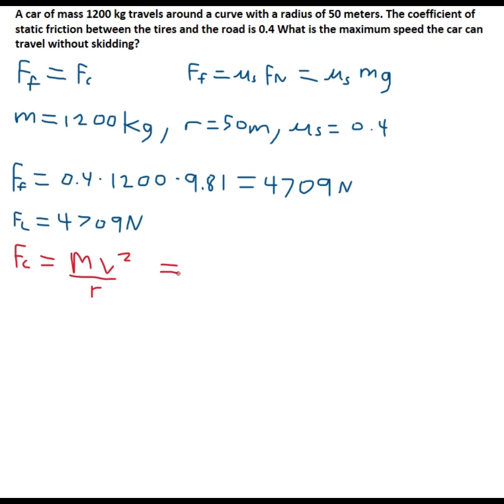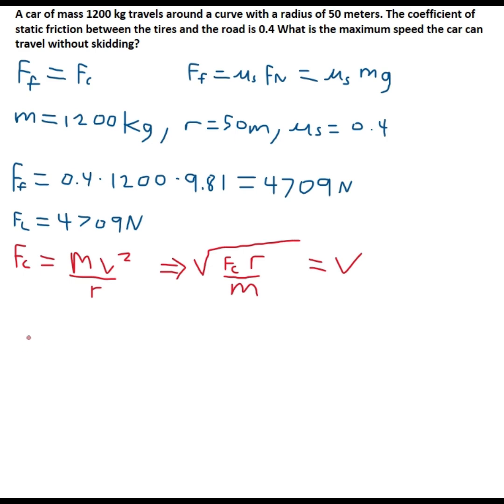Now we can rearrange this to solve for the velocity. And what we get is the square root of the centripetal force times radius divided by the mass. And that is equal to the velocity.